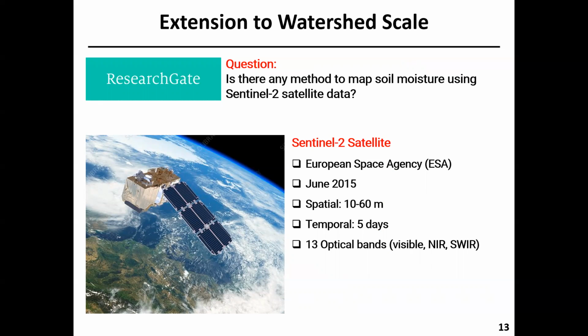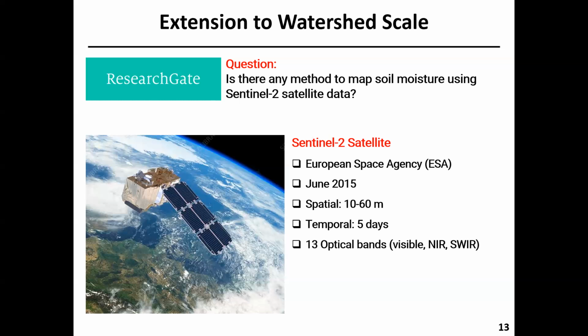As you know, Sentinel-2 is a European Space Agency satellite launched in June 2015 with a spatial resolution of 10 to 60 meters and temporal resolution of about 5 days. And it has 13 optical bands in visible, NIR and SWIR, but it does not have any thermal band.